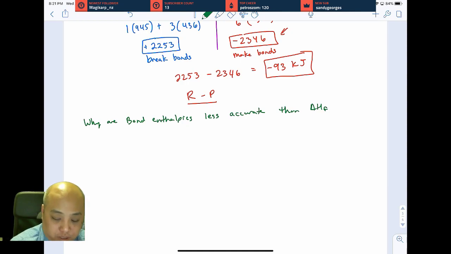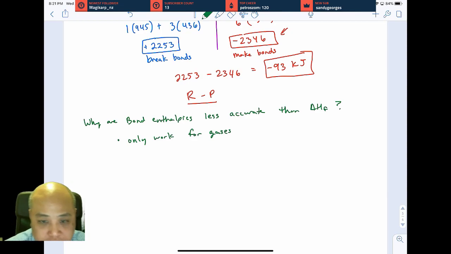Okay. The reason why are a couple things. They only work for gases. So if your overall reaction has anything other than gases, your bond enthalpy is going to be slightly off because that phase change is going to require a change in energy as well. So you have to make sure that you understand that your value is going to be a little bit off.